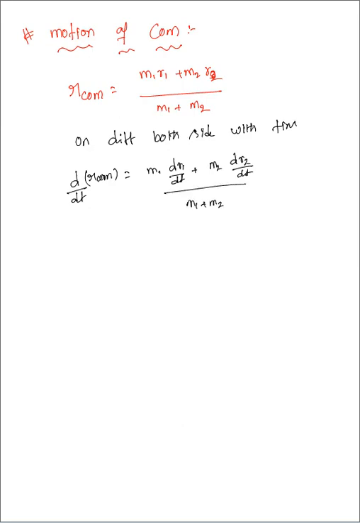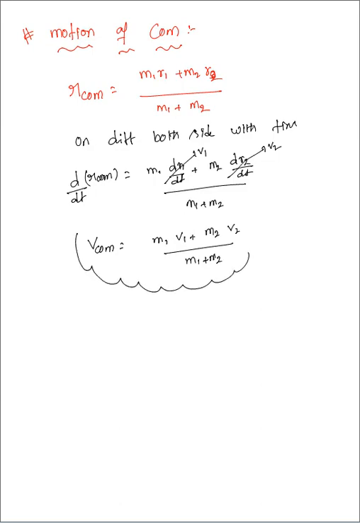The rate of change of displacement is nothing but velocity. Therefore velocity of COM equals M1 dr1 by dt, which leads to V1, plus M2 dr2 by dt, which leads to V2, divided by M1 plus M2. So this is nothing but the velocity of center of mass, which we got here.